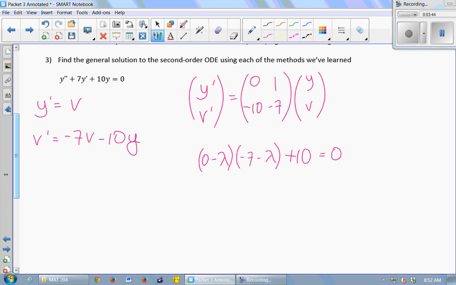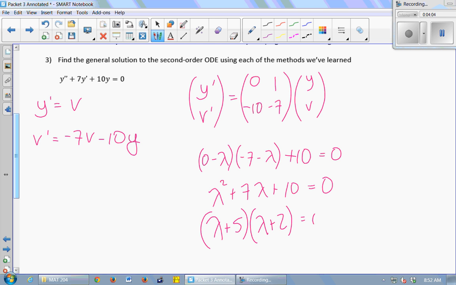I didn't write everything out. All right, so if I distribute my negative lambda here, I'm going to get lambda squared plus 7 lambda plus 10 equals 0. And does that factor? 5 and 2. So I get lambda is negative 5 and negative 2.